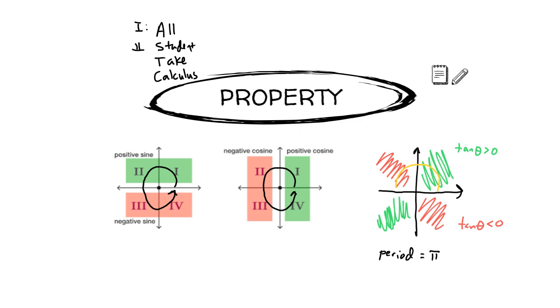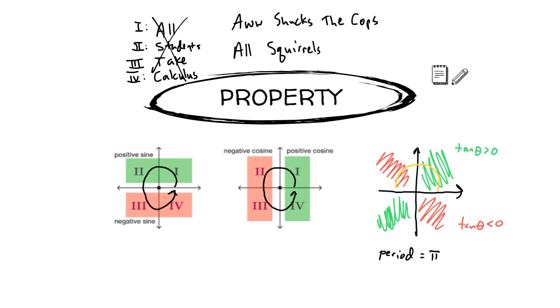And then in quadrant 2, only sine is positive. Student starts with S. And then in quadrant 3, only tangent is positive, while in quadrant 4, only cosine is positive. I always preferred some variation on that, like "All Shucks, The Cops," which I think was Mr. Feeney's original, or even something more random and strange, like "All Squirrels Tickle Chickens."